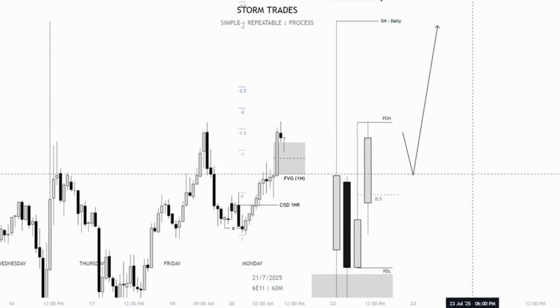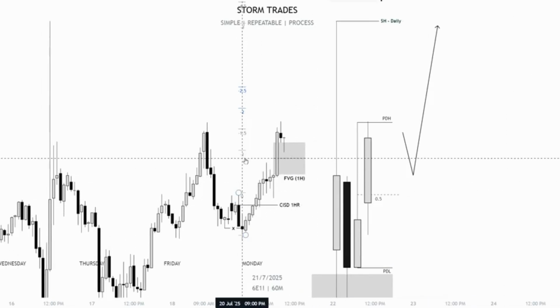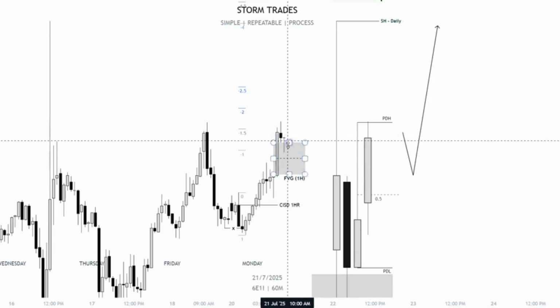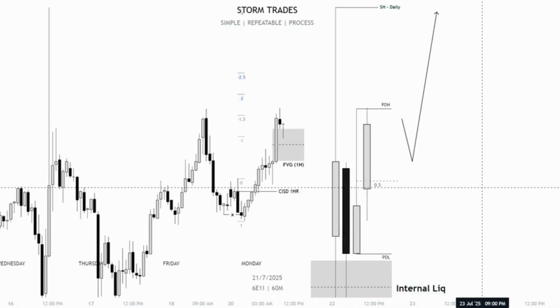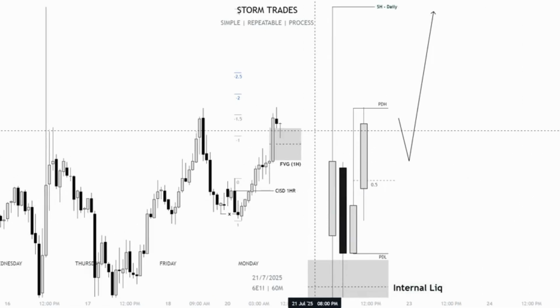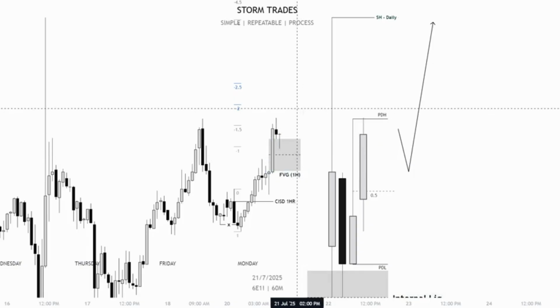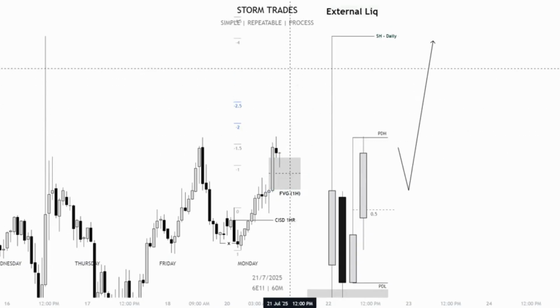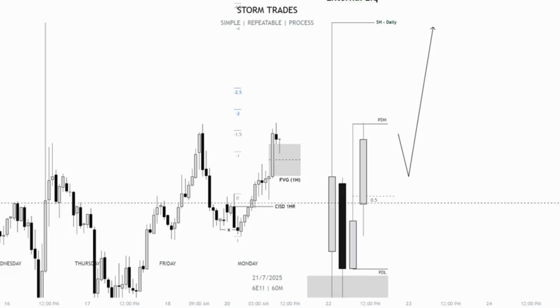So it makes total sense to me that we moved up to the -1 and -1.5 and started to retrace. Now, if price is going to continue to move higher, we are going to move out of this hourly fair value gap and start trending towards this swing high on the daily.